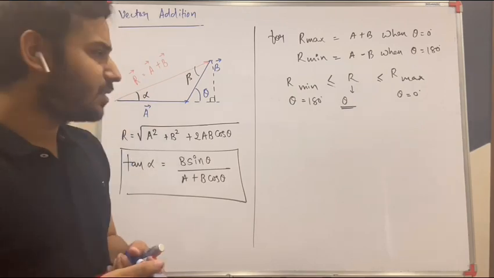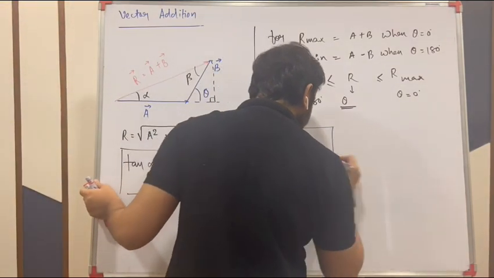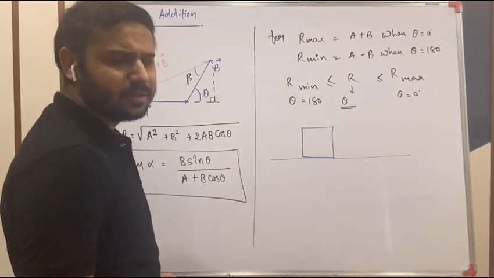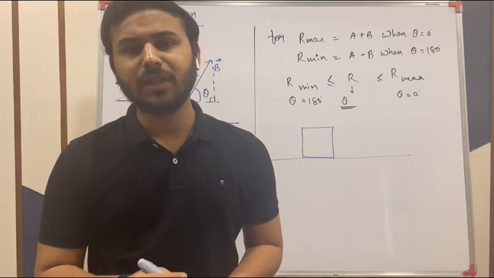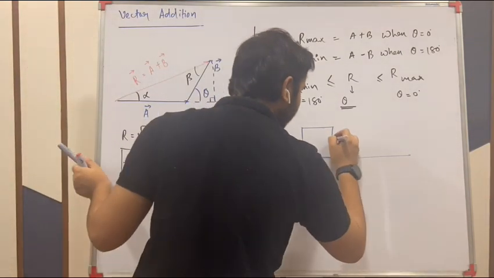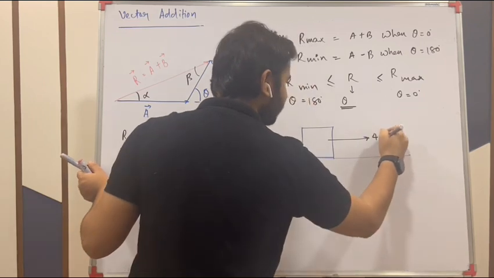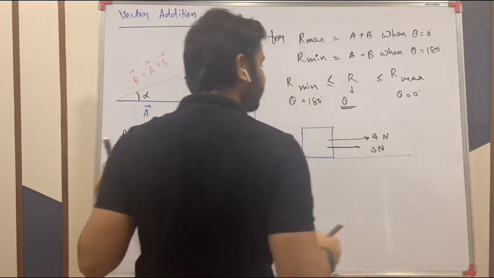Let me give you an example. Suppose here is a block on a smooth surface. Smooth surface means no friction, a frictionless surface. I apply two forces like this, 4 Newton and 3 Newton.